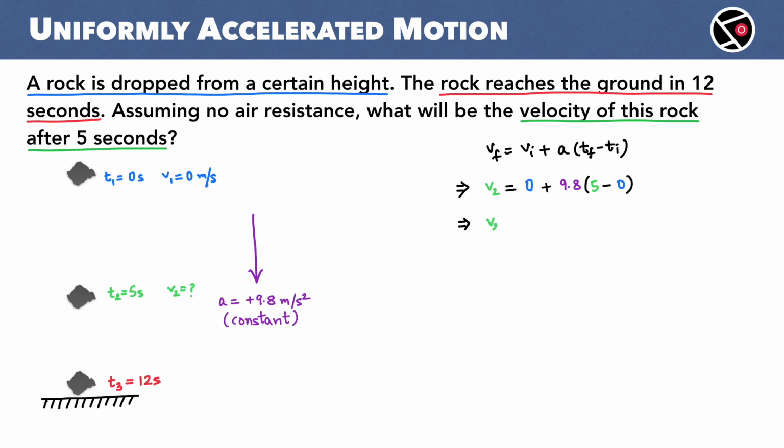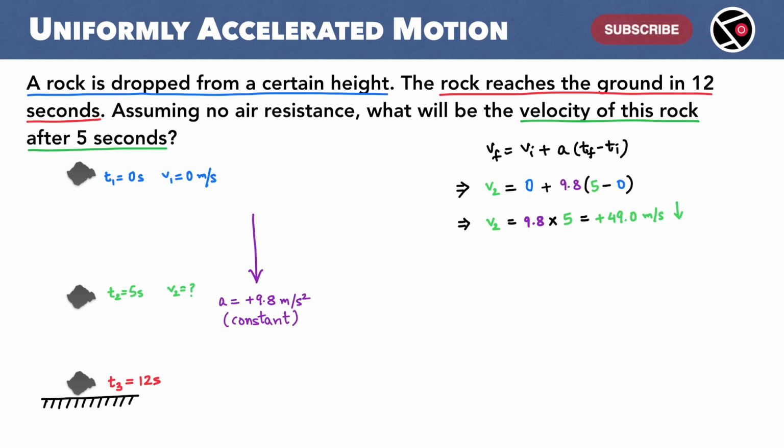Solving further, the velocity of the rock after 5 seconds is plus 49 meters per second. Plus indicates that this velocity is in the downward direction. We have solved the problem.